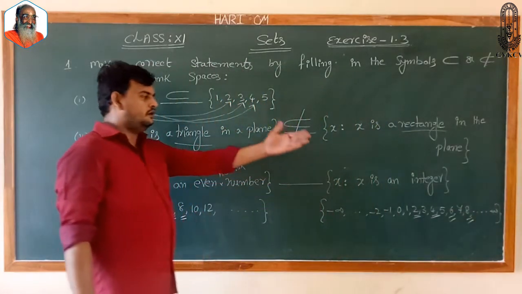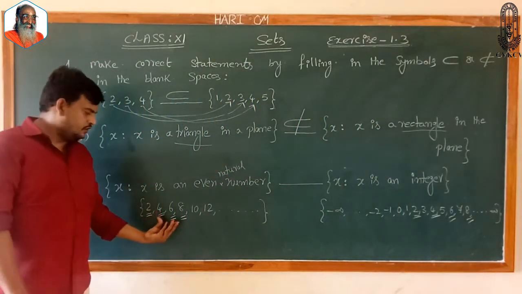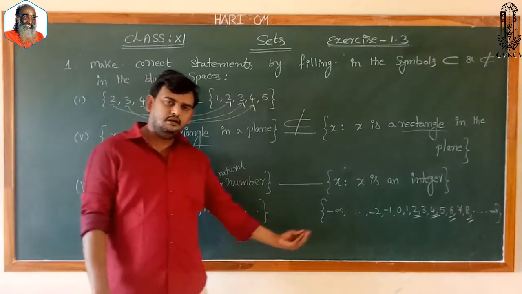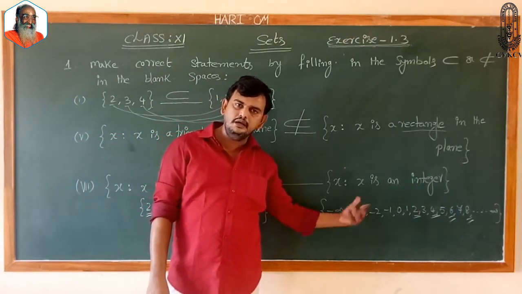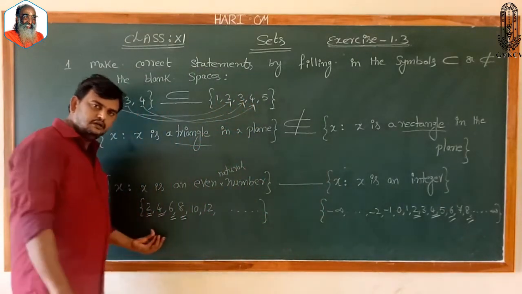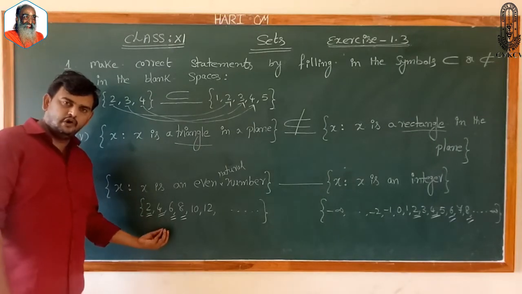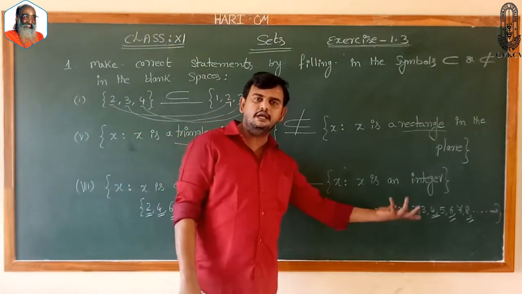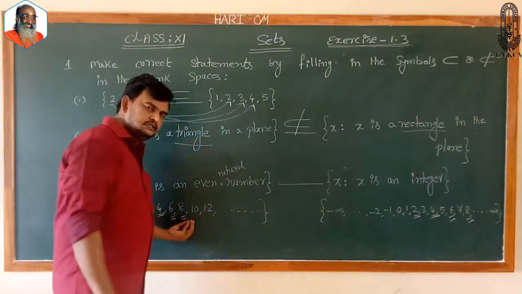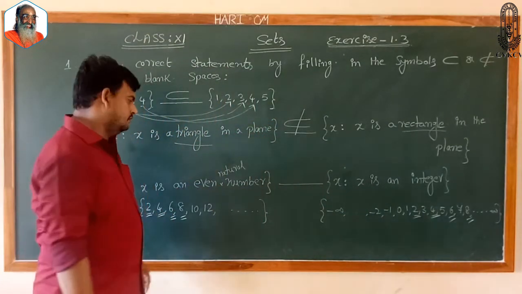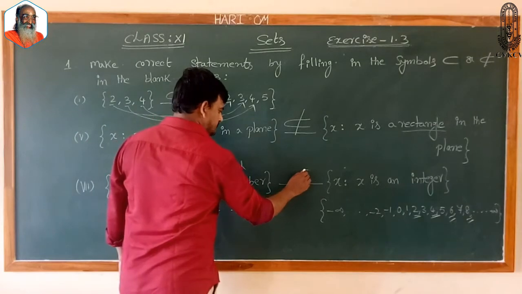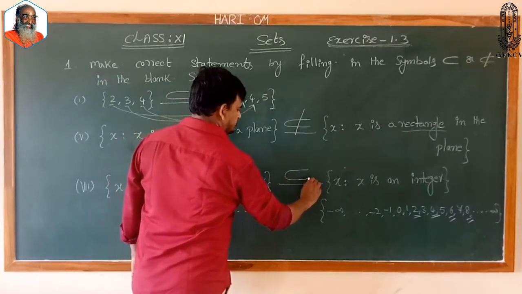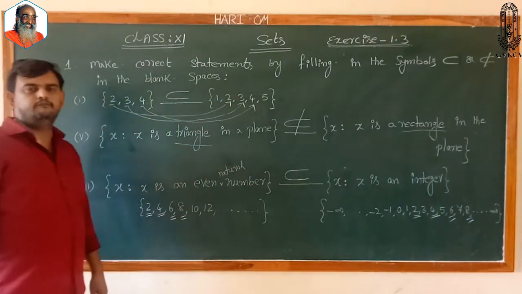Like that, if you keep on continuing, all these even natural numbers are part of the integers, which means it is a subpart of that. What symbol do we use? Definitely we use the subset symbol.